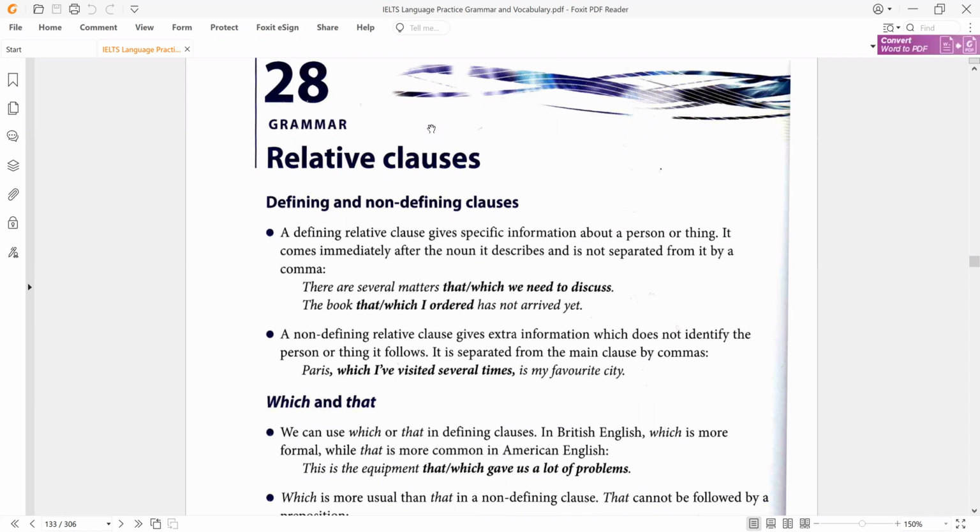There are two types of relative clauses. Relative means there is a relationship between the ideas in the sentence. This is an advanced level of grammar, and we need this level to give two or more ideas.